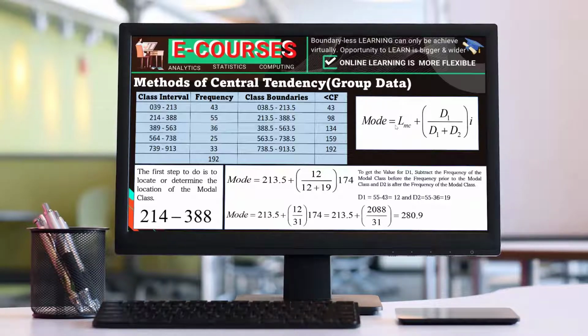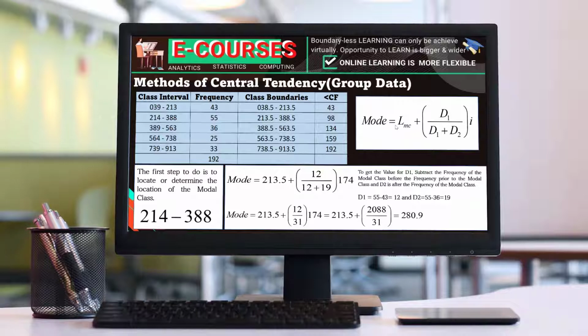The value for D2 is 55 minus 36, the frequency after the modal class, which is 19. Applying the formula: 213.5 plus 12 over 12 plus 19, times 174. 12 times 174 is 2088, divided by 31.